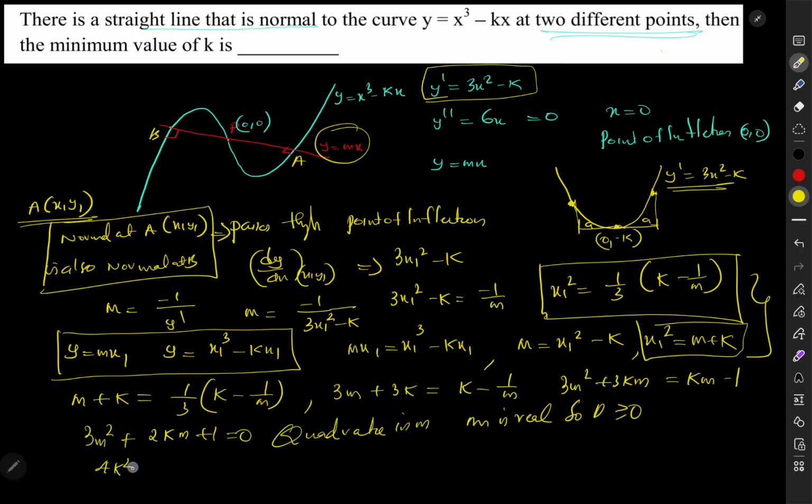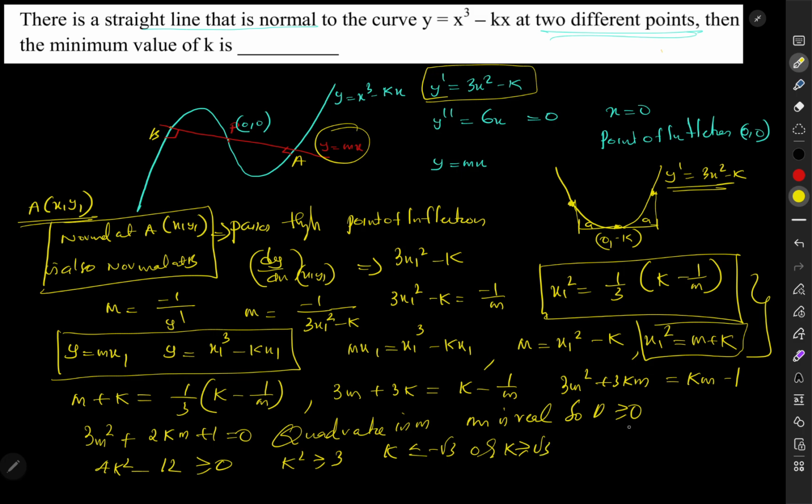So b square minus 4ac: 4k square minus 12 greater than or equal to 0. k square is greater than or equal to 3. Now here, with k square greater than or equal to 3, two options are there: k is less than or equal to minus root 3, or k is greater than or equal to root 3.